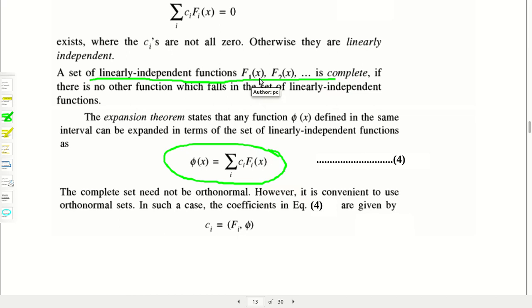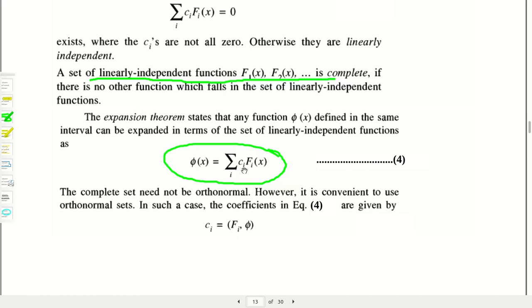These functions f1, f2, f3, dot dot dot, f infinity, as we were talking about the Hilbert space, form an infinite dimensional space. So an infinite number of such orthonormal functions are there, and it is sufficient to represent any arbitrary function phi in terms of the superposition of such functions with some constant coefficients ci.